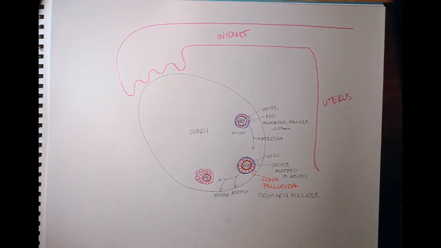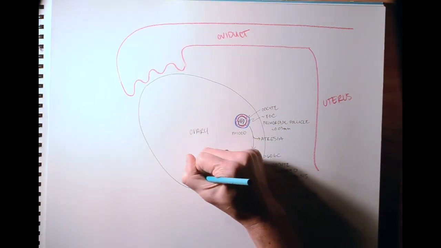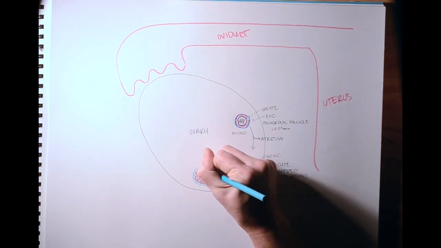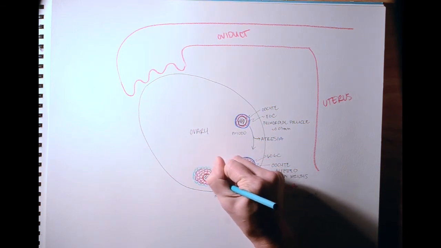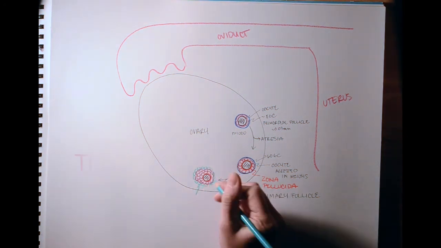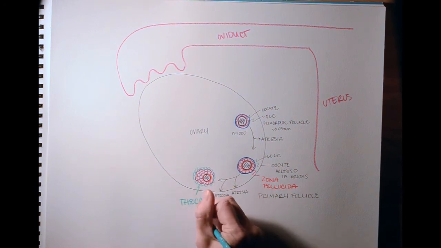This is a cell type called the thecal cell, which is going to surround the oocyte, or close to the granulosa cells. So this is again a new layer called the thecal, T-H-E-C-A-L.